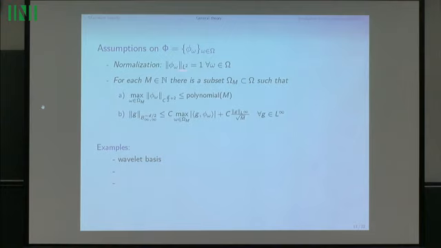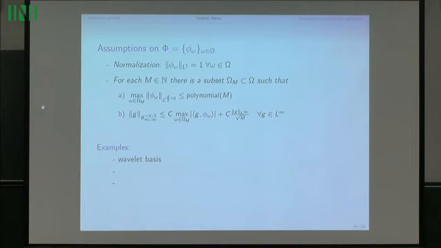So there is the natural assumption that these elements have to be normalized, and this has to do with all the Gaussian errors having the same variance. So that assumption is okay, and the others get more complex. Let me tell you, we have some examples of dictionaries satisfying this. So let's think of the wavelet basis, which is the easiest one to illustrate these assumptions.